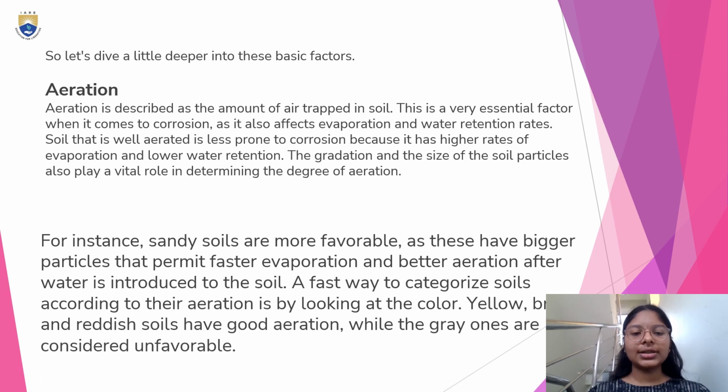After water is introduced to the soil, a fast way to categorize soils according to their aeration is by looking at the color. Yellow, brown, and reddish soils have good aeration, while the gray ones are considered unfavorable.